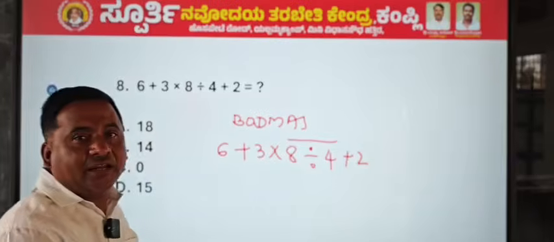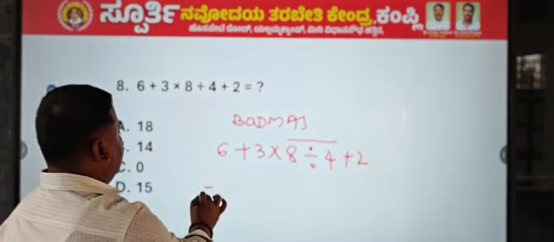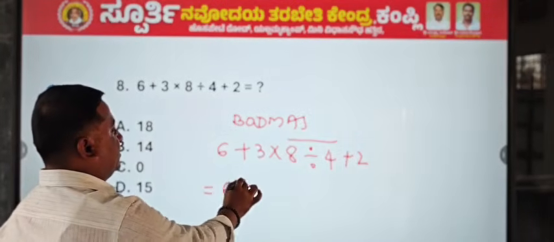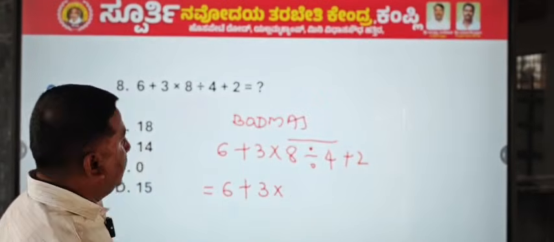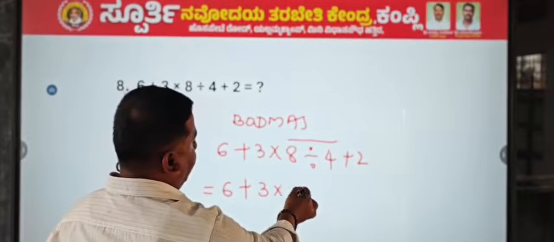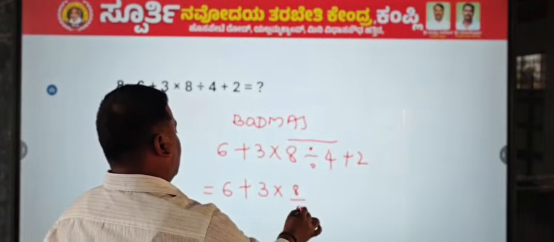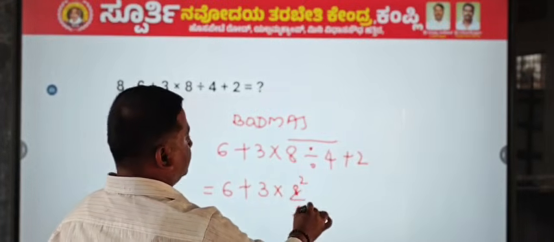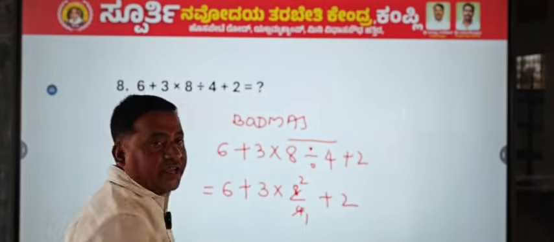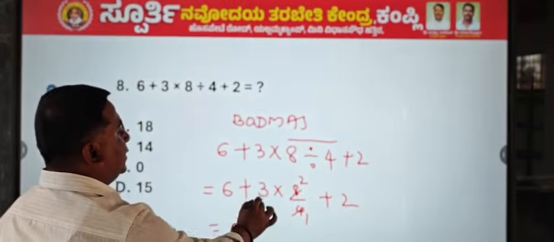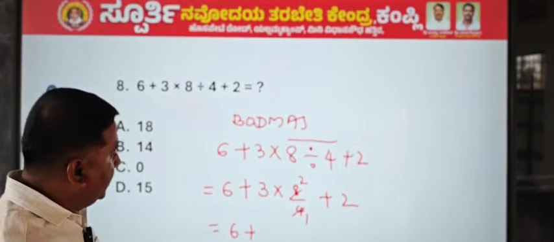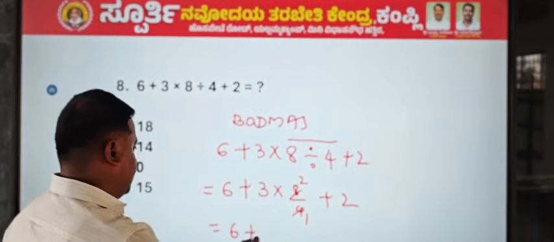Okay. First, you have to do the division. Here, I will mark here. This you have to put as it is. 6 plus 3 into, put as it is. 8 divided by 4 means 4 twos are 8, so 2, plus 2. Next, multiplication is there. Here 3 twos are 6.